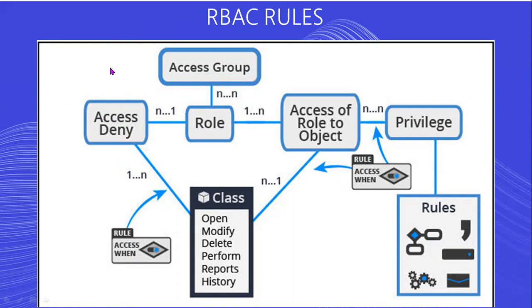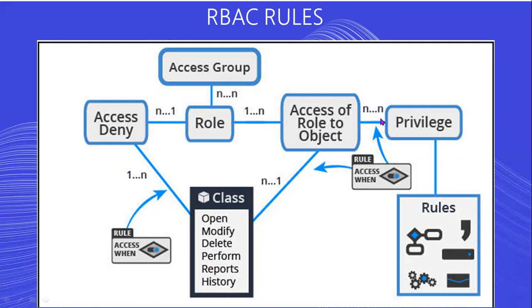So in general, the operator will be referring to the access group, the access group will be referring to the role, and then through the role we can apply the access of role to object, and then it will be referring to the class, on which class the user can open the rules, modify the rules, delete the rules, and they can do the reporting, and they can see the history also.